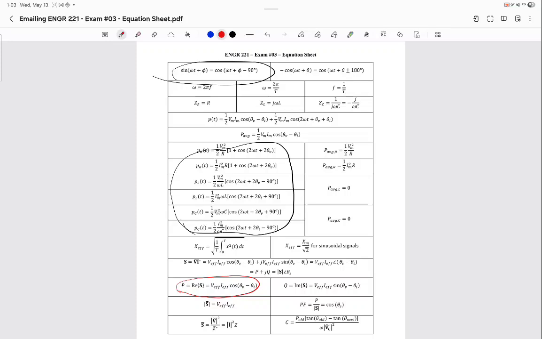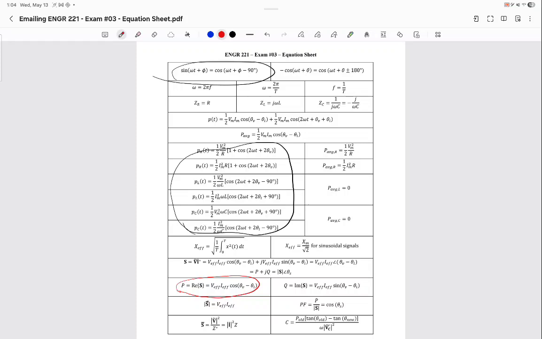Is this a good option? Yeah, because it's giving you average power. But do we have enough information right now to find this? What don't we have? We don't have V effective. It's the voltage across the element. We don't have it, okay?